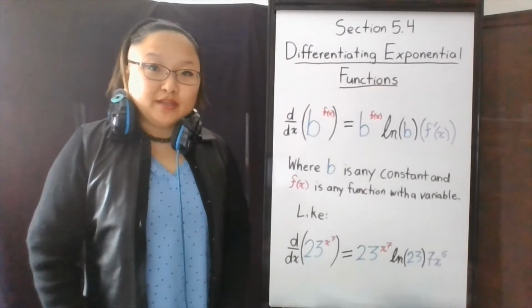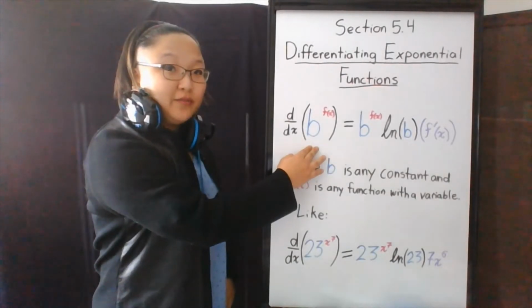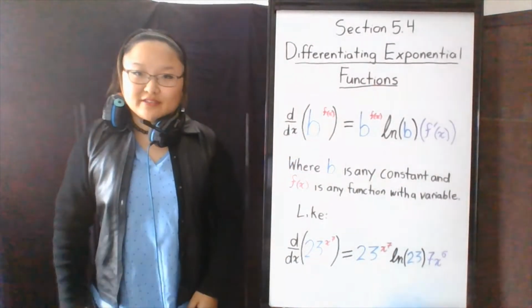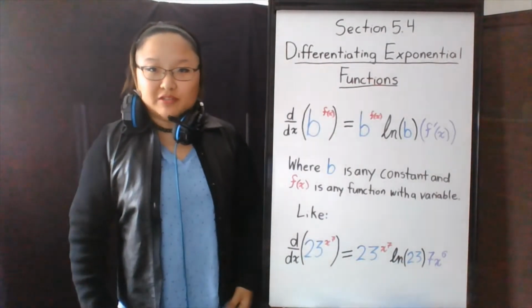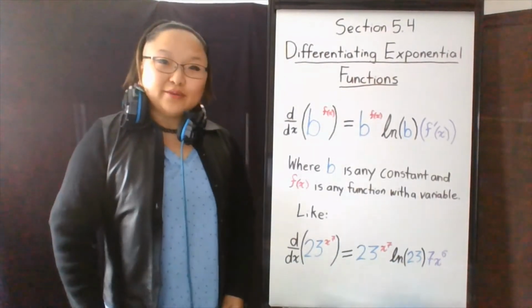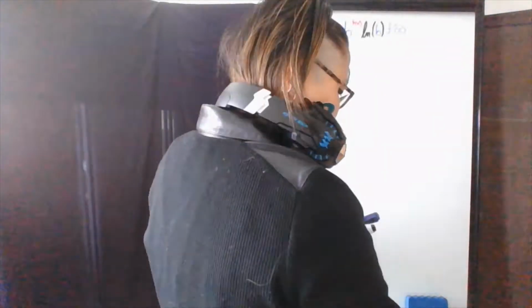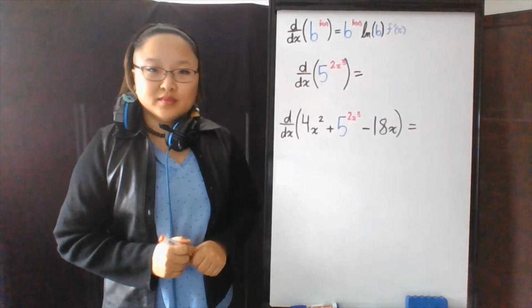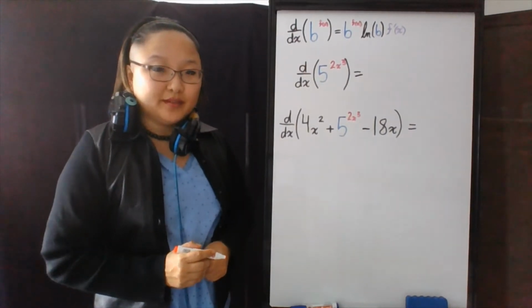Now, this seems pretty easy, but what happens is that you'll see an exponential function in the middle of another derivative. And the way that works is you just slot it in like any of the smaller derivative rules. And I will show you how. Say you have a problem that looks a little bit more complicated that you have to find the derivative of.